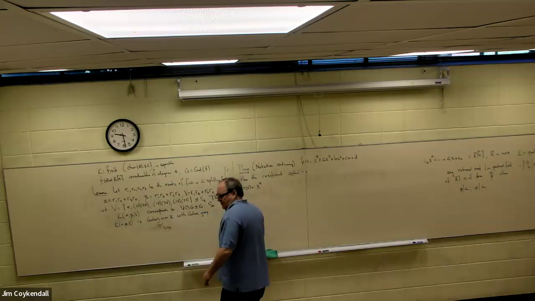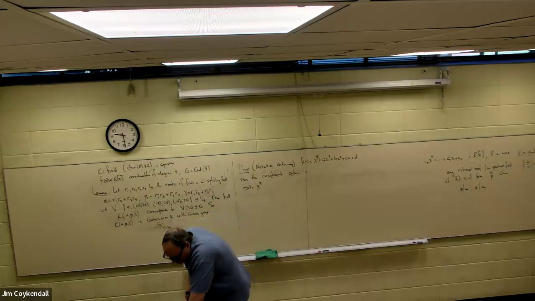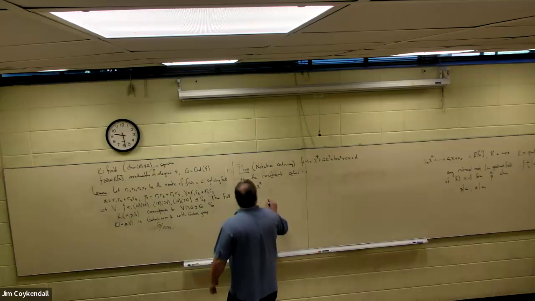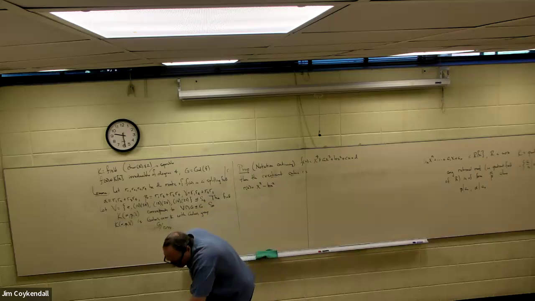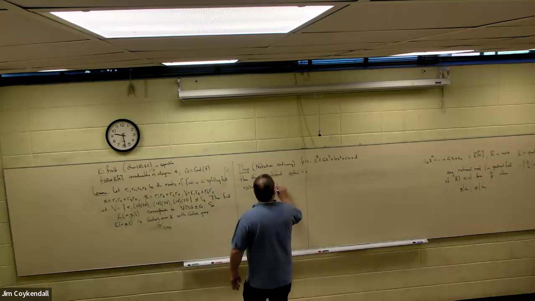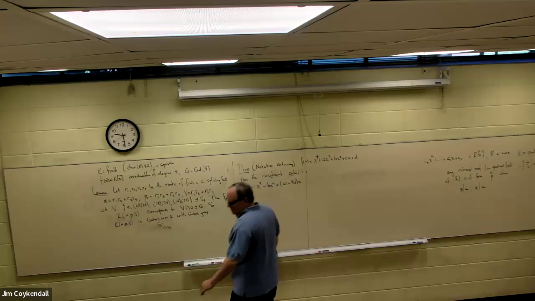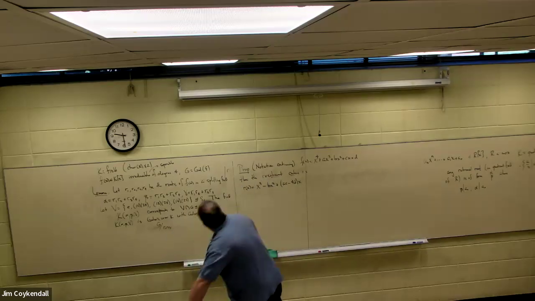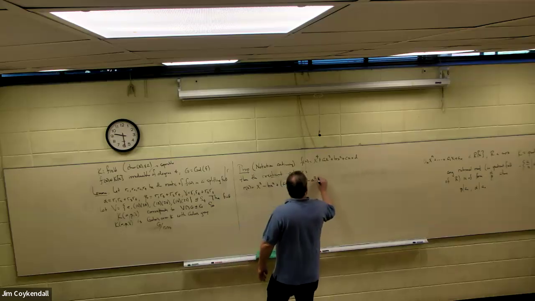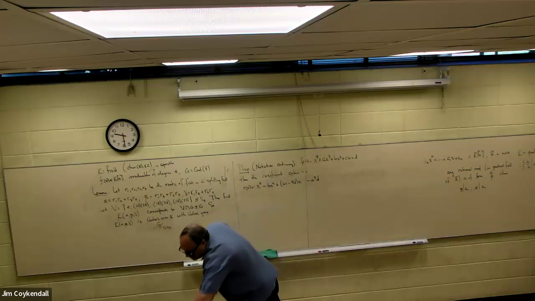It is x cubed minus b x squared plus (ac minus 4d) x minus a squared d plus 4bd minus c squared.